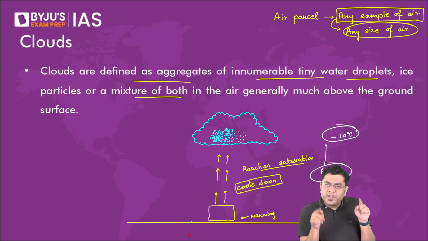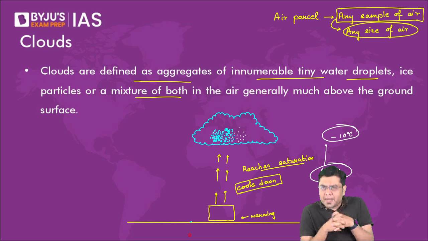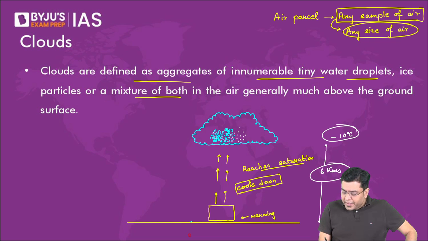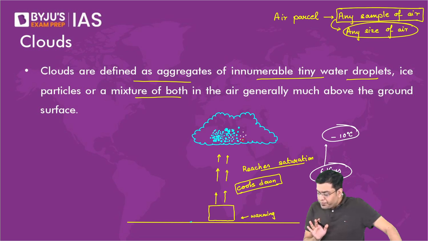That this cloud consists of ice particles and many supercooled water droplets which have condensed at that greater height? Perfect. Now, slowly and steadily, they will grow larger in size. More condensation will happen. Each of these particles will grow larger in size. Till this portion, it is clear.